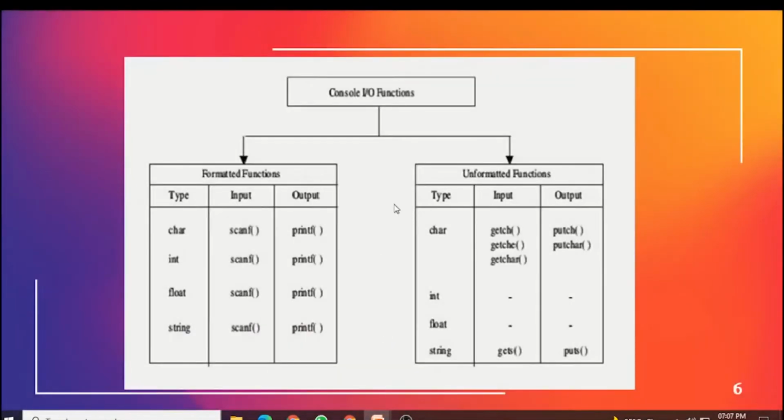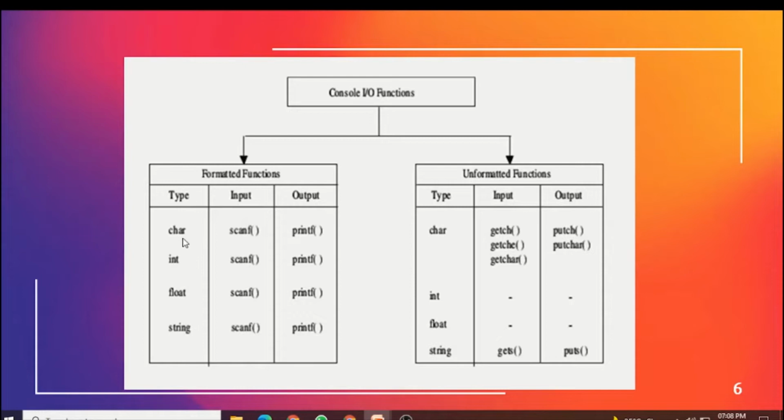These are the two types, formatted and unformatted. This chart displays the functions related to formatted and unformatted. We have four different data types in C, and for those data types we can use different formatted input-output functions.